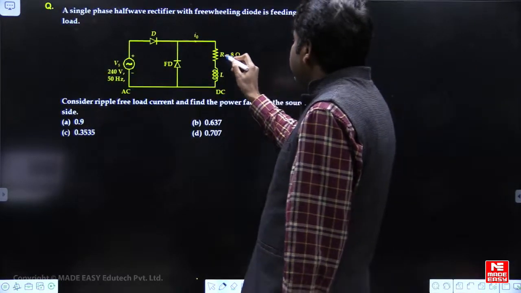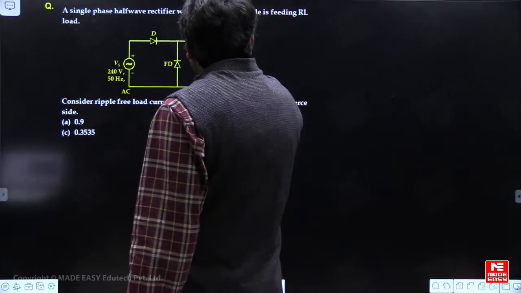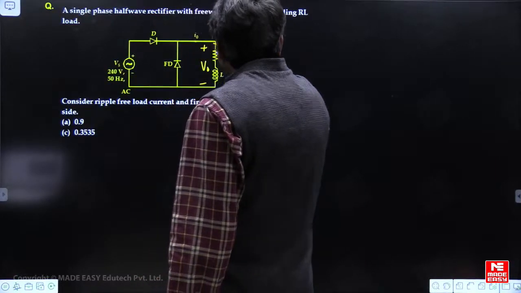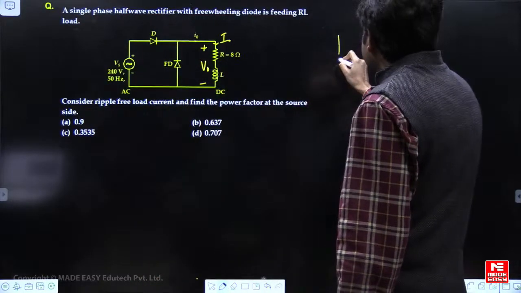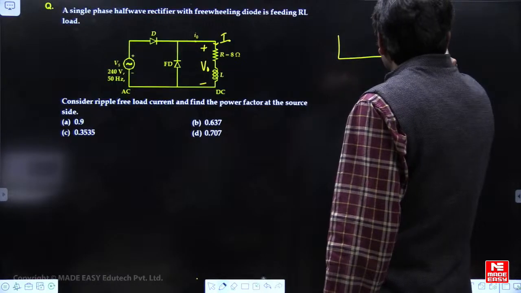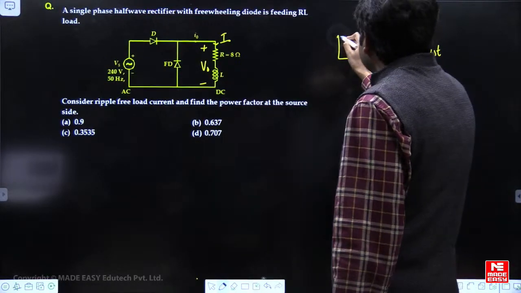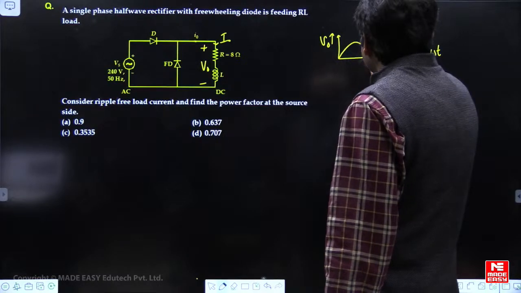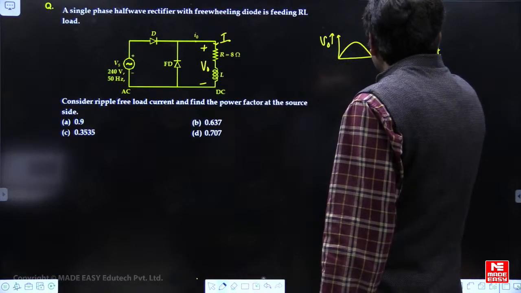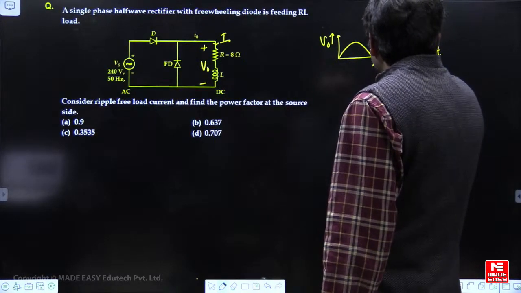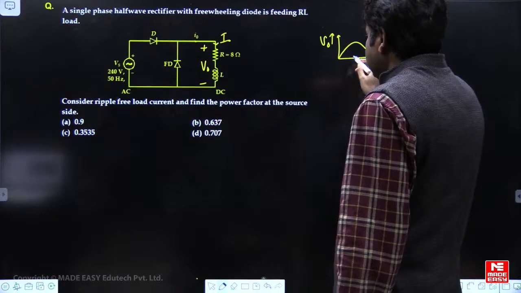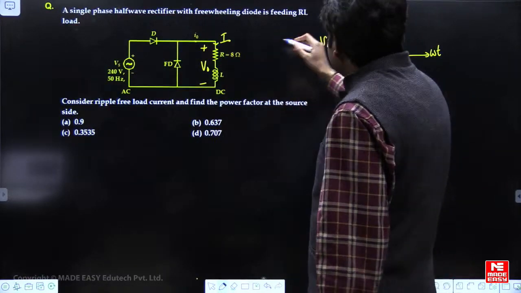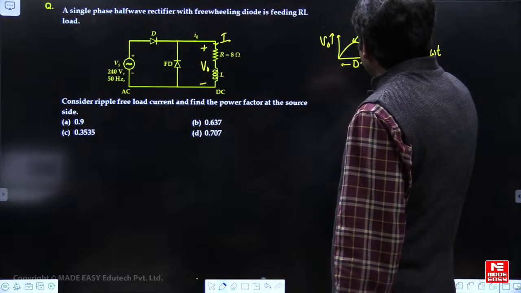So here, what is the output voltage across the load? Up to pi, this diode is conducting, and the output is the same as the supply voltage.